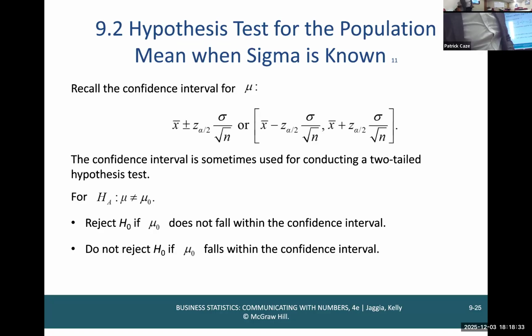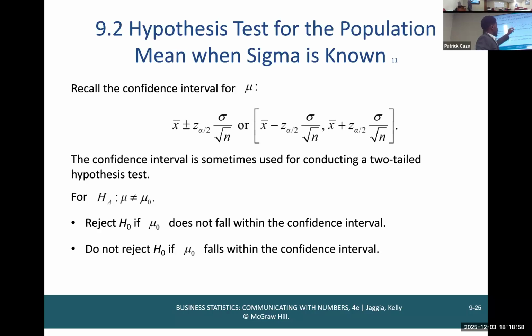0.0025, it's not up here anyway. 0.0025 is, let's see, boom, negative 2.81, okay? All right, so that will be the z-score we will use, right? So we use that, okay?